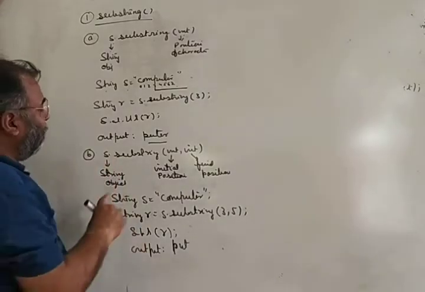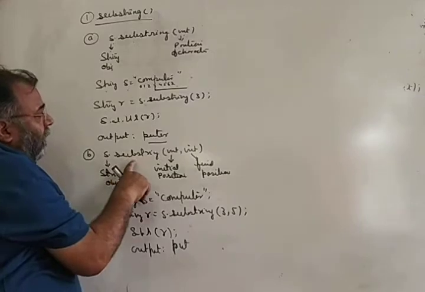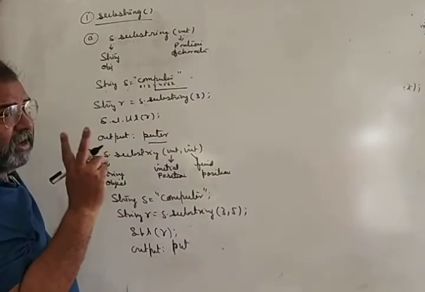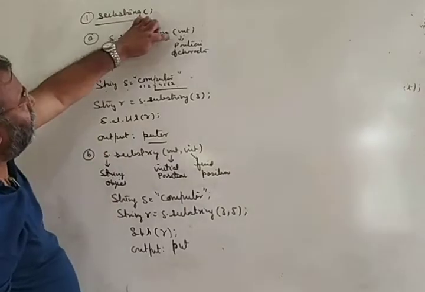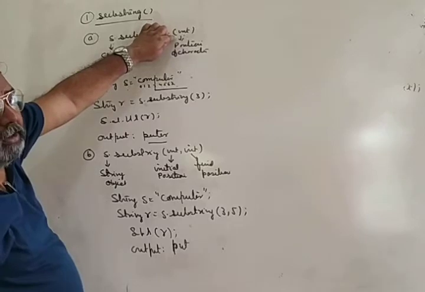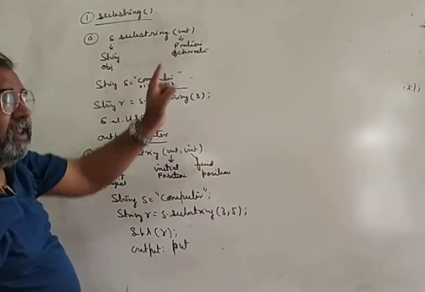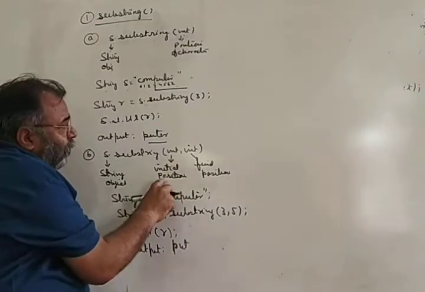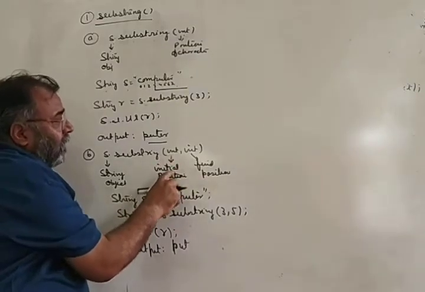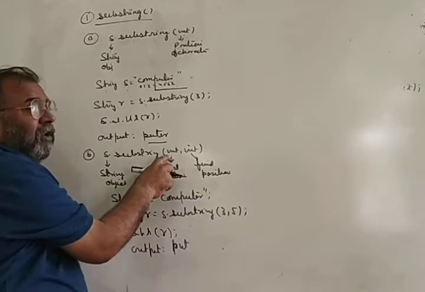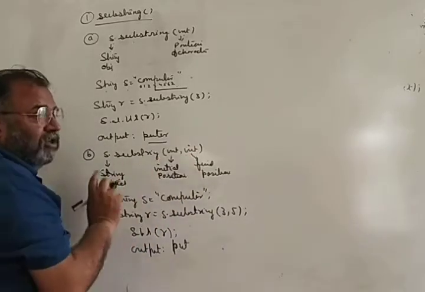The second format of substring is s dot substring(int, int). Two integer values are passed. Earlier, only a single integer value was passed, and it picked all the characters from that position till the end of the string. Now the first value is the initial position and the second is the final position. The initial position will always be less than the final position.